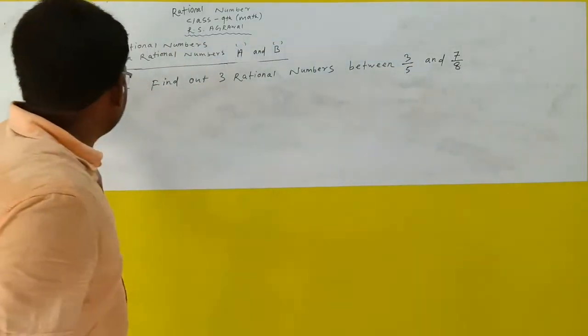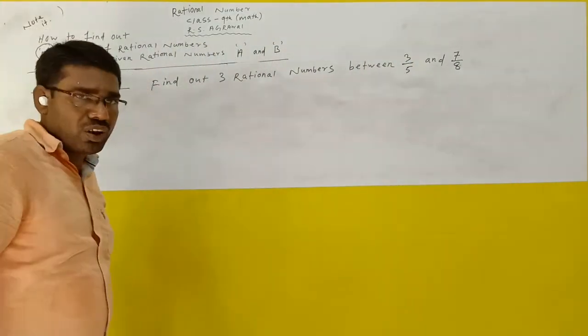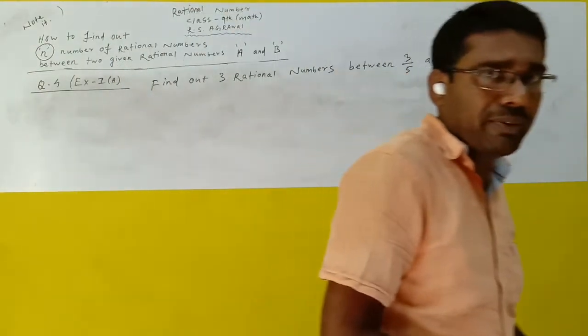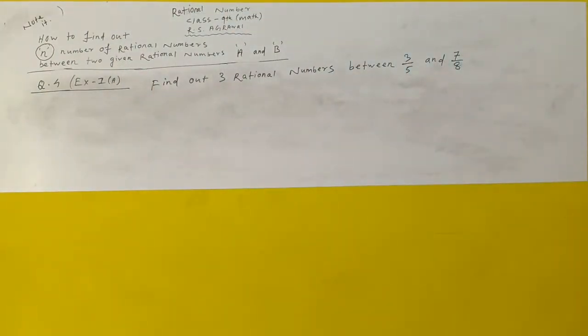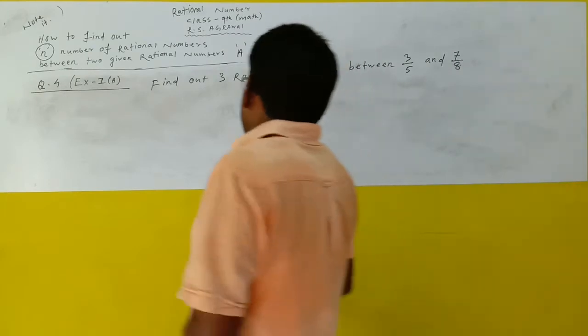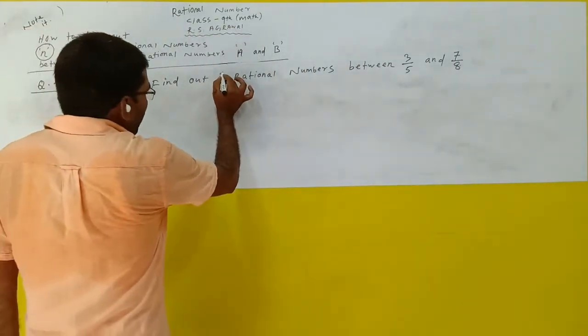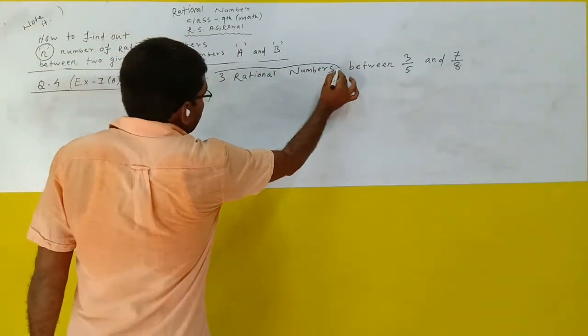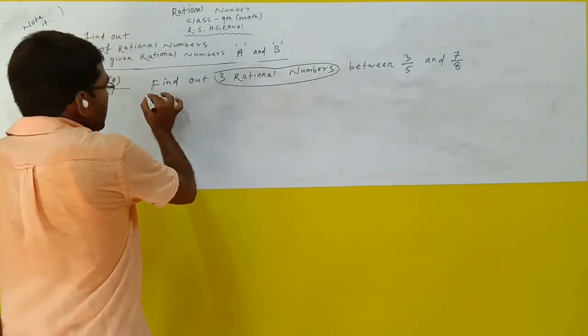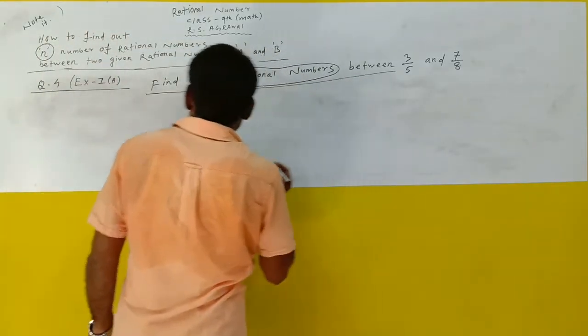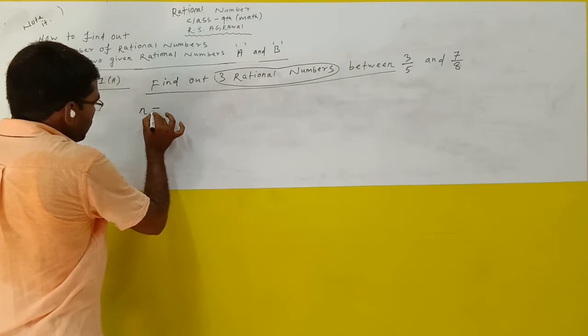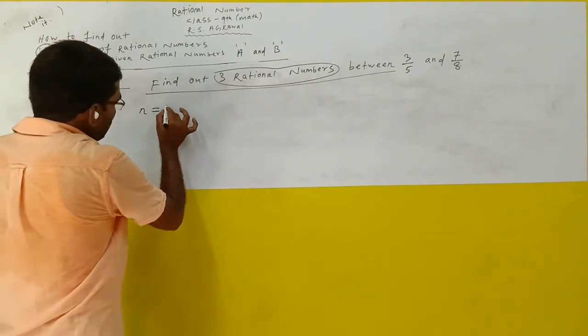It is question number 4 of exercise 1A from the R.S. Aggarwal mathematics book of class 9. Here you want to find three rational numbers. It means the value of n equals 3.